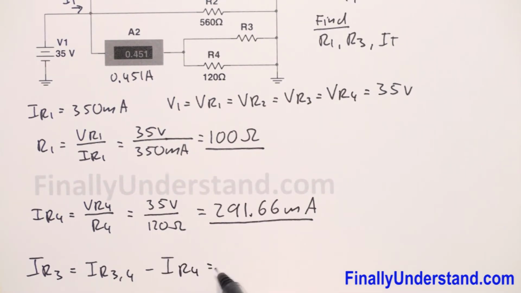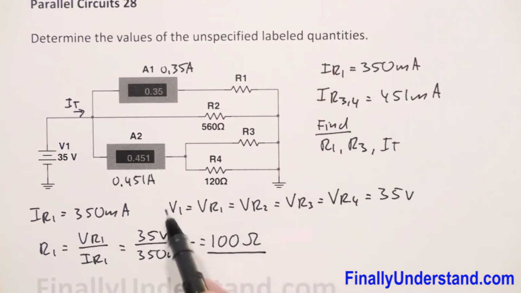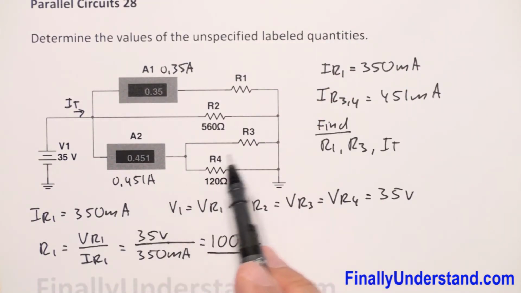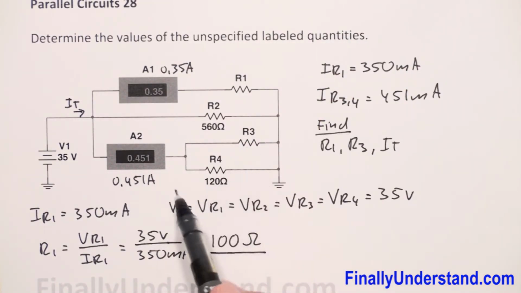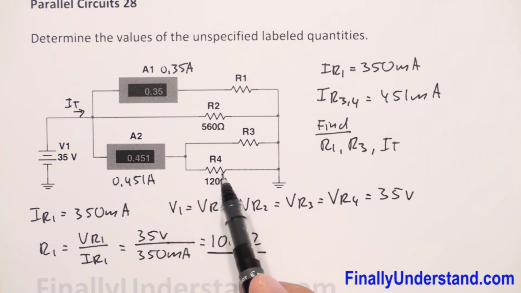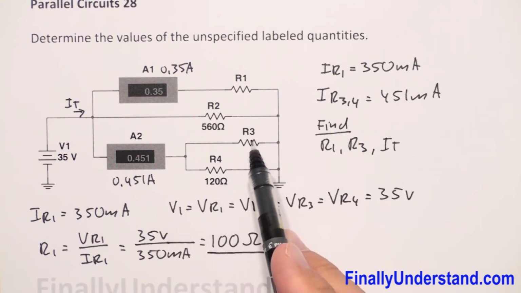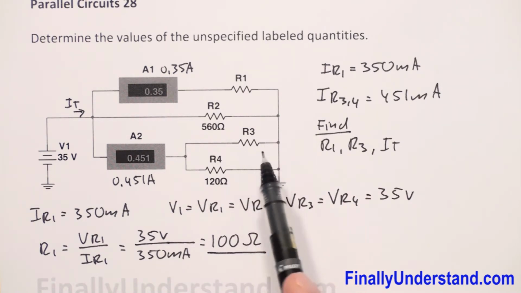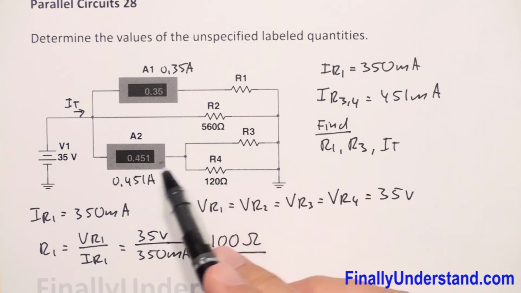So the current which goes through these two resistors, minus the current which goes through this resistor, will give me the current which goes through resistor R3, because the sum of these two currents will give me this one.